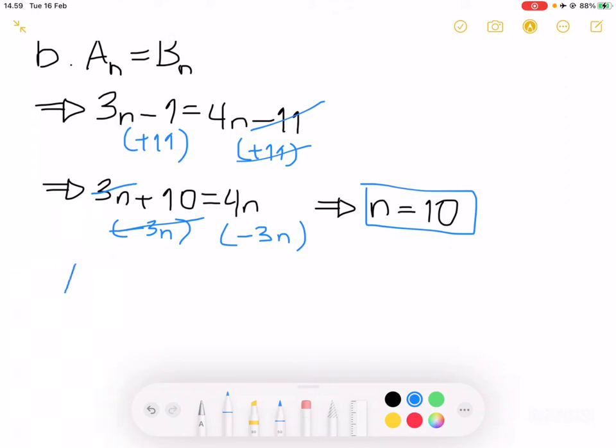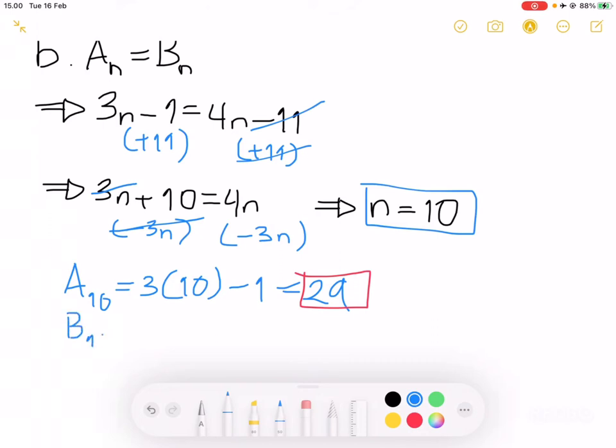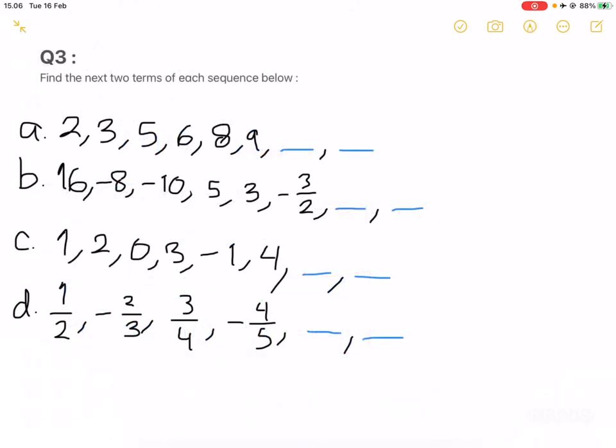So I'll just substitute it to sequence A. So A of 10 will be 3 times 10, substituting n equals 10, minus 1, it will be 29. This is the final answer. And if you want to do B of 10, this will be equal to 4 times 10 minus 11, which is also 29.